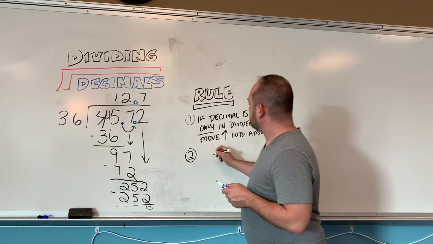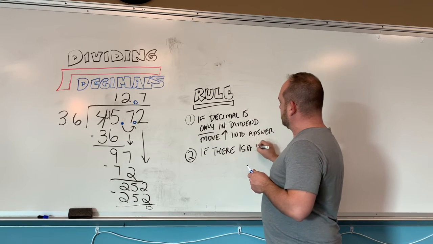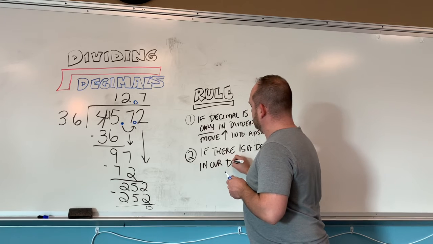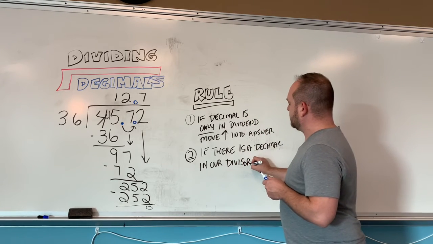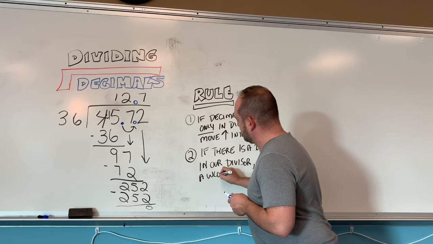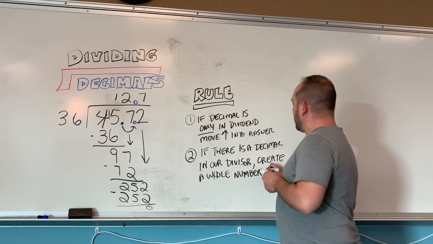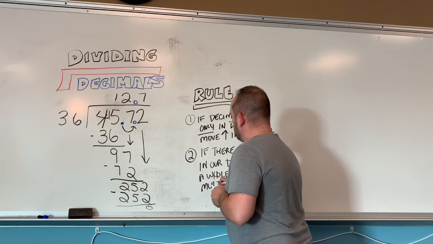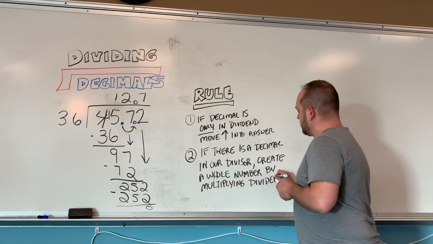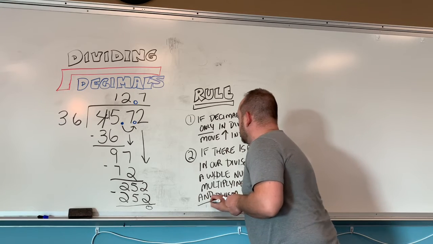But if there is a decimal in our divisor, create a whole number by multiplying both the dividend and our divisor by powers of 10.